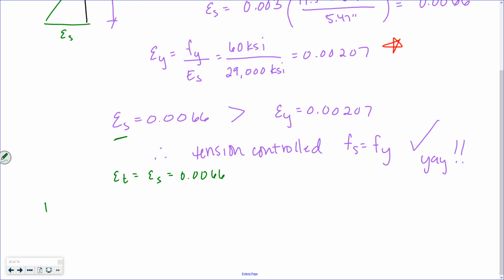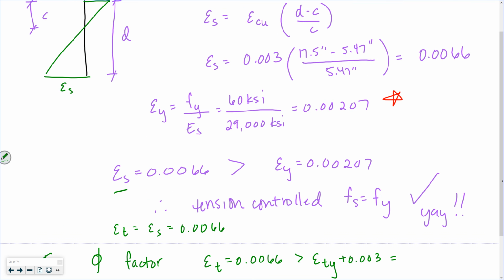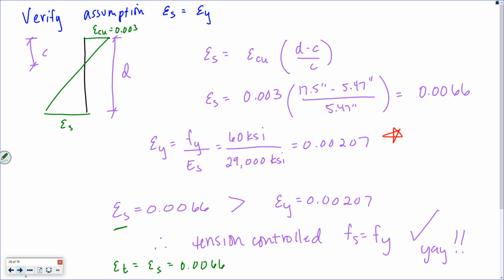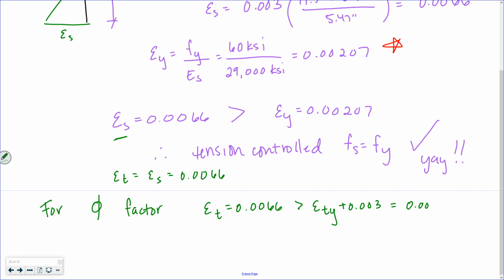So my phi factor: ET of 0.0066 is greater than the yield strain plus 0.003, which is equal to, this is a grade 60, and I said that if it's grade 60, I can just use 0.005.